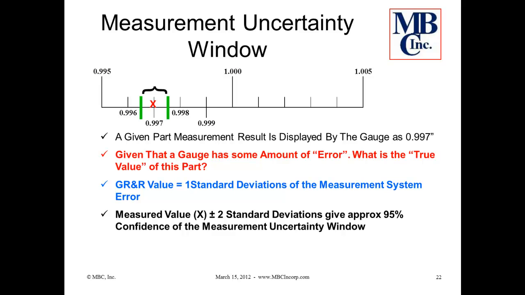So the measured value, in this case 0.997, plus and minus 2 standard deviations, gives us an approximately 95% confidence of the measurement uncertainty window as indicated by the green bars. So the true value falls somewhere within this window, 95% of the time.